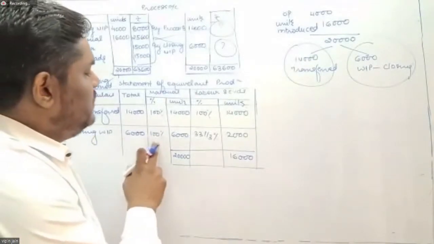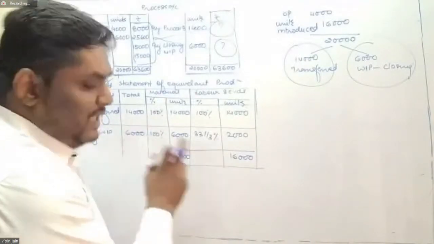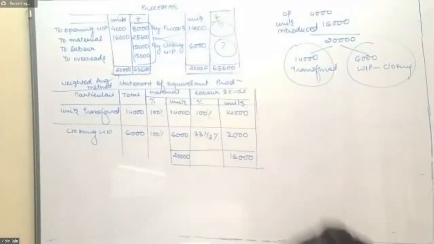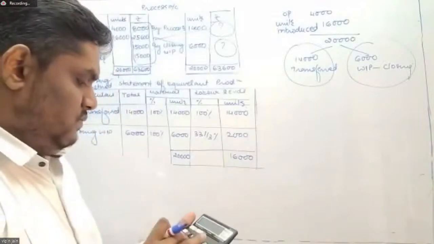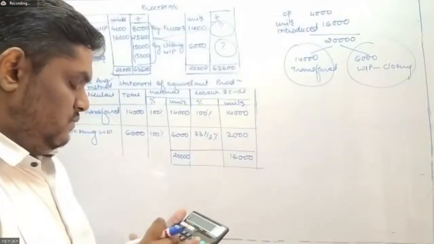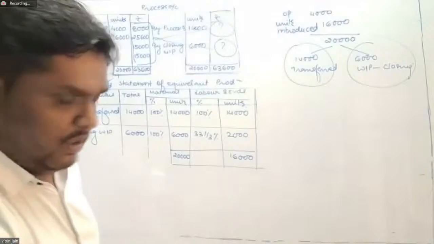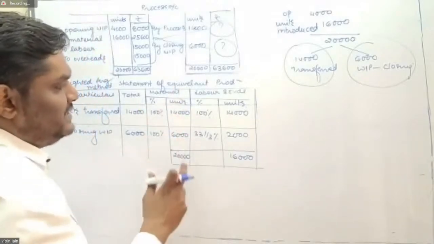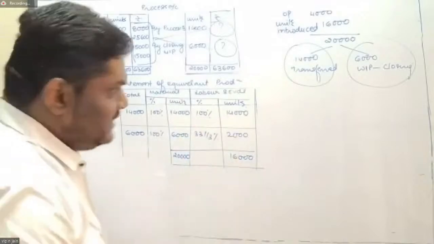So 6,000 into 100%, 6,000 into 33 1/3%, that is 2,000. So this is how we will get the total equivalent number of units, that is 14 plus 6, 20,000, and 14,000 plus 2,000, that is 16,000.